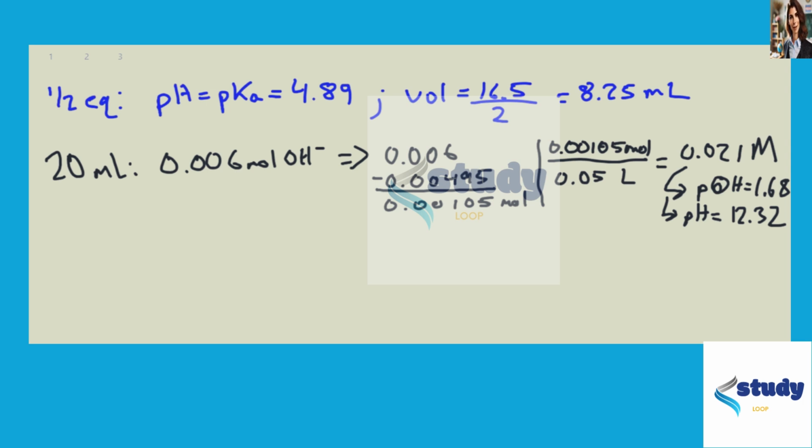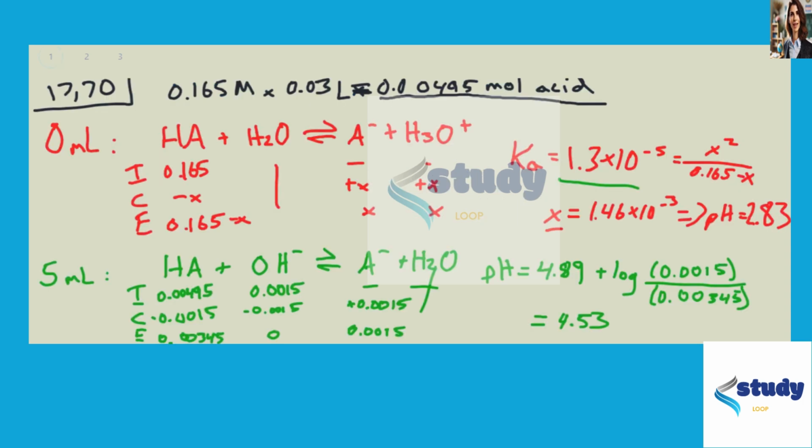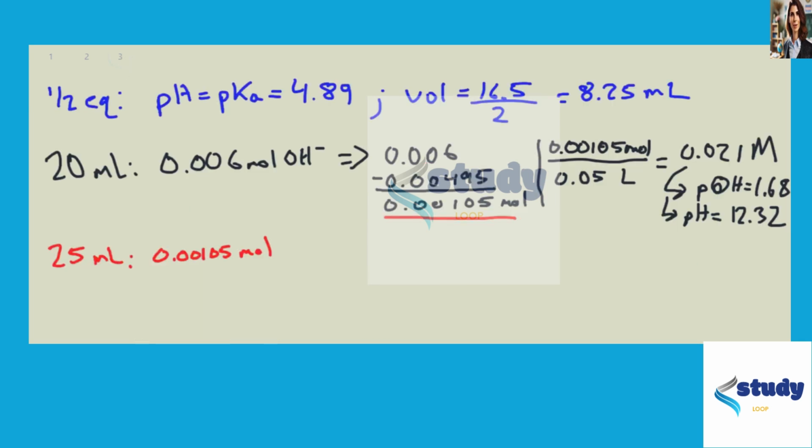So for the last point, we can just say 25 milliliters. We had excess of this present, so 0.00105. And we can look back over here to see how much moles we had, this much moles present when we added 5 milliliters. So all we need to do right now is add that much, 0.0015.